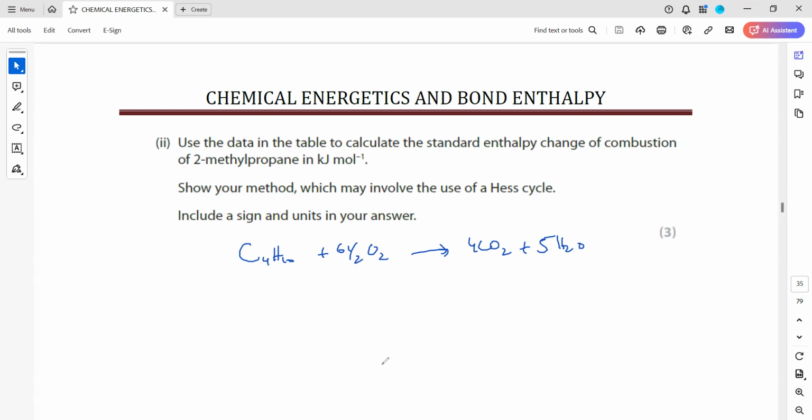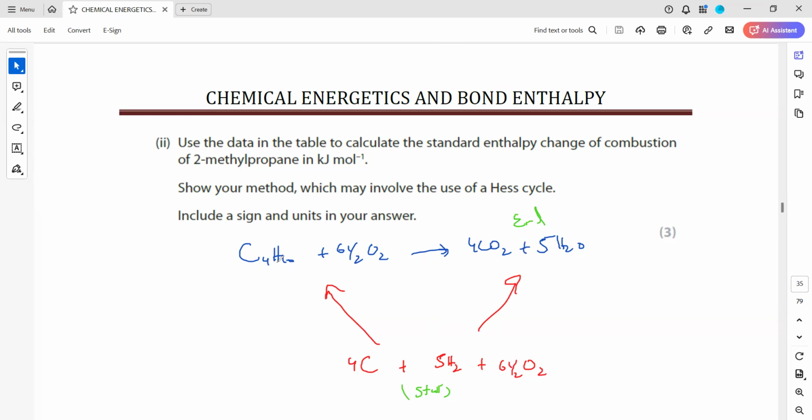So when formation is given, we add elements. So carbon, we need 4 carbon. We need 5 hydrogen molecules. And we need 6.5 oxygen. Reactant forms product, elements form reactant, or elements directly form the product. Where the 2 arrows are pointing out, that is the start of the cycle, and where 2 arrows are pointing in, that is the end of the cycle.